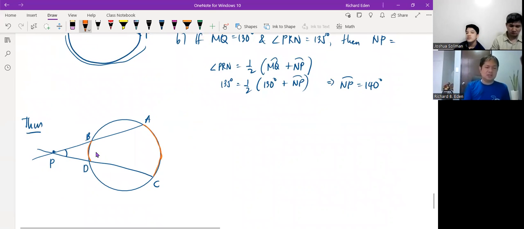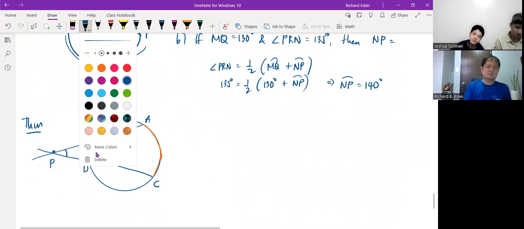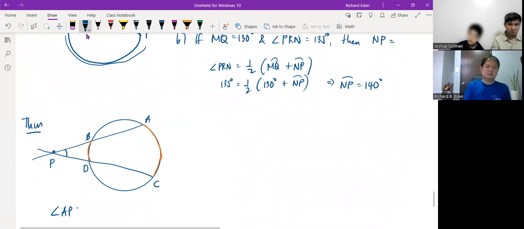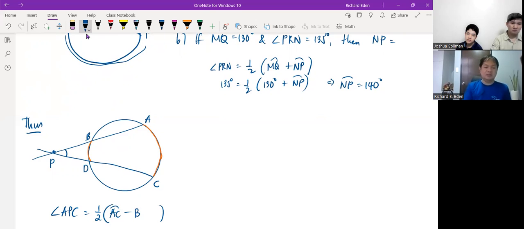The conclusion: angle APC is 1/2, not the sum, but the difference of the two arcs. Now, clearly, the farther arc AC is bigger than the closer arc BD. So this is 1/2 of AC minus BD.